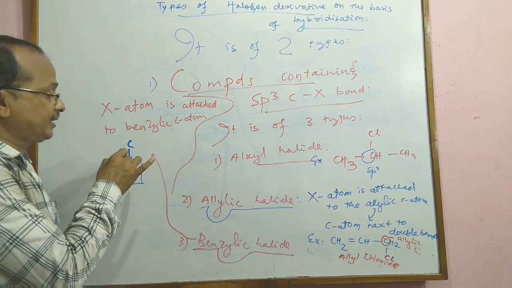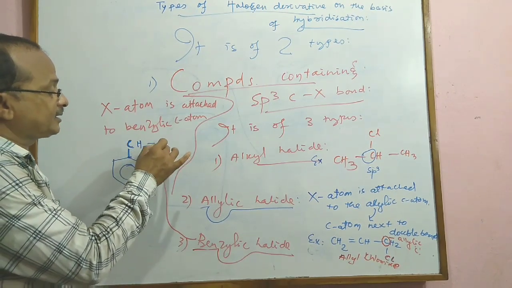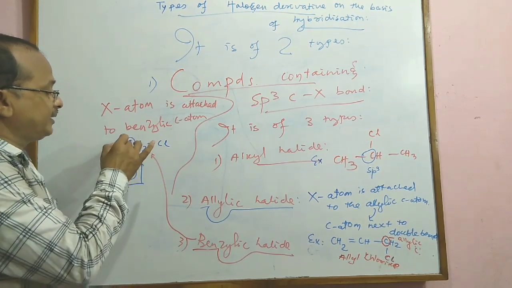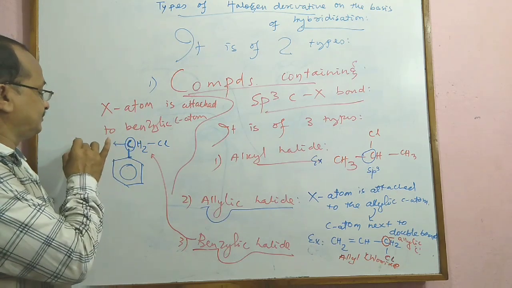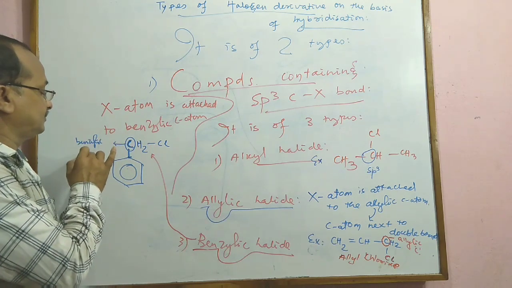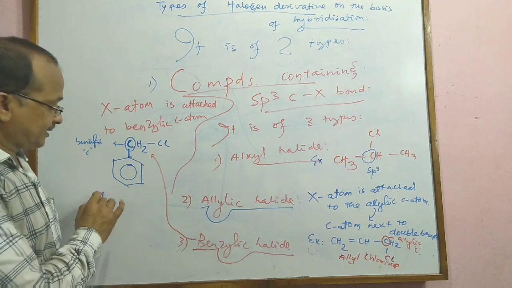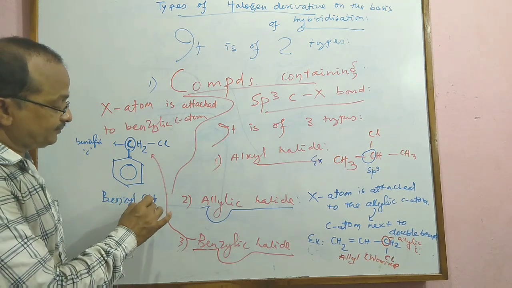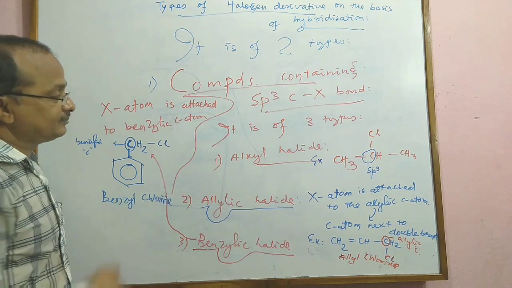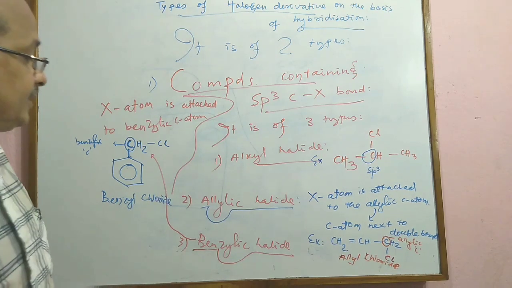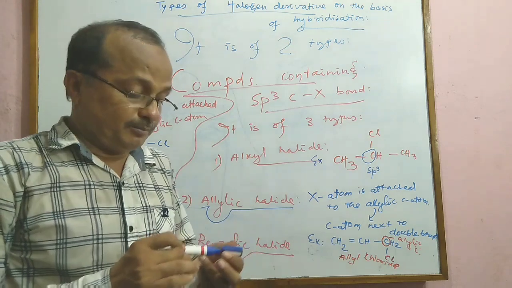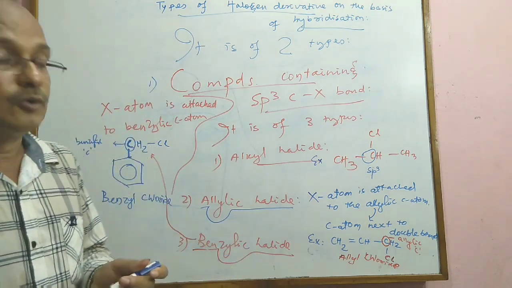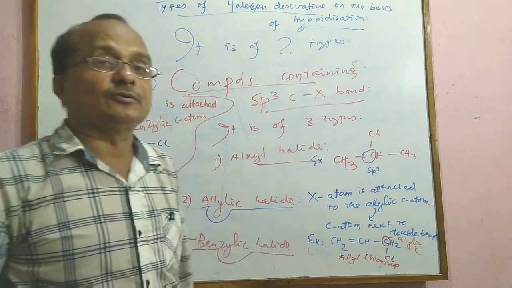Here chlorine atom is attached. So this carbon is benzylic carbon, and its name is benzyl chloride. So these are the three types of compounds where halogen atom is attached to the sp3 hybridized carbon atom.